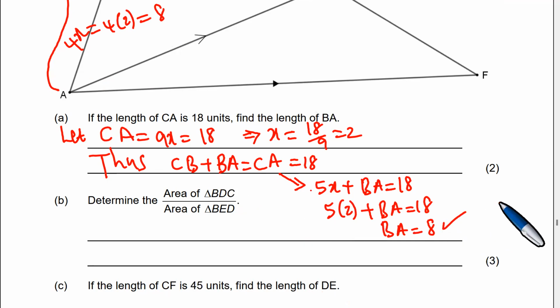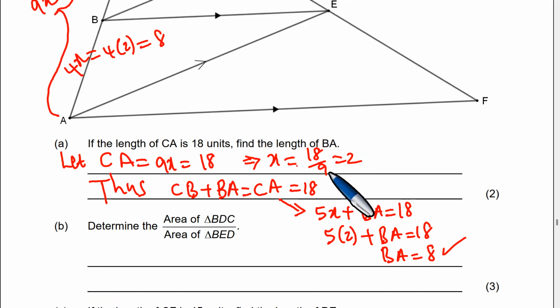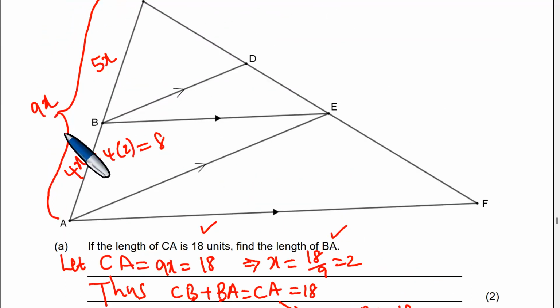Obviously, it's 4x, but you need to continue and substitute the value of x, because they've already given CA as 18 units, so they want this one in terms of its units, and not in terms of x. I agree with you, that is another way to do the question.